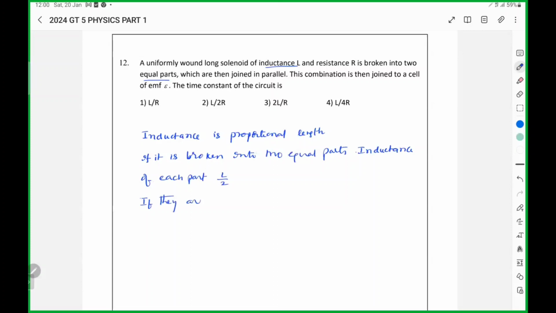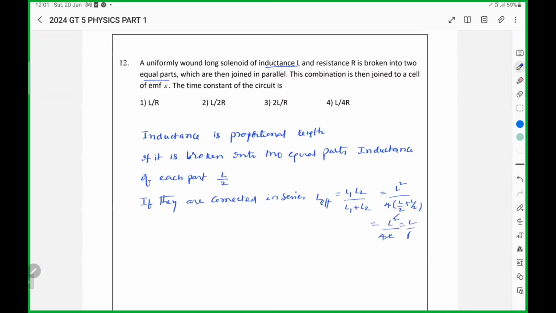If they are connected in series, L effective will be 2L by 2.